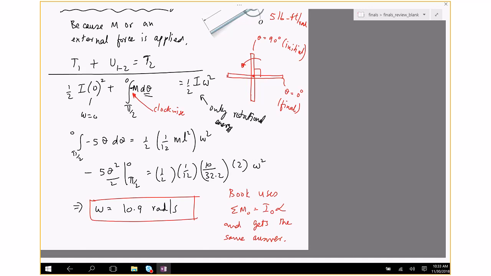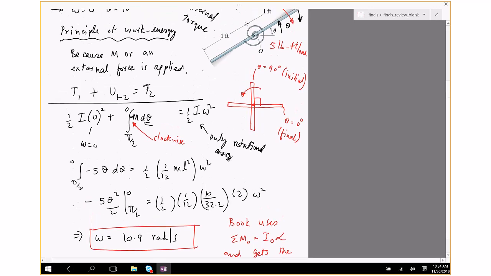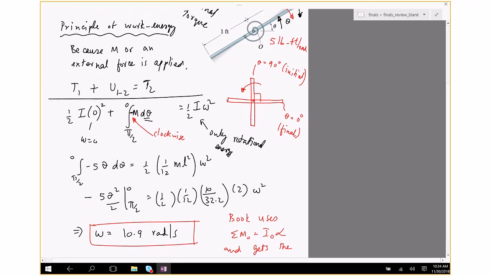Okay, any questions? So a problem like this, you would actually be given the inertia of a rod, and that's a hint that it's not a problem about a particle, but a problem involving a rigid body. Okay, let's move on.